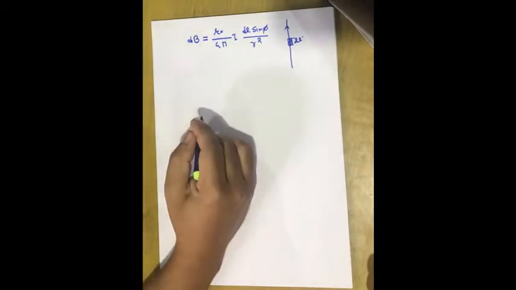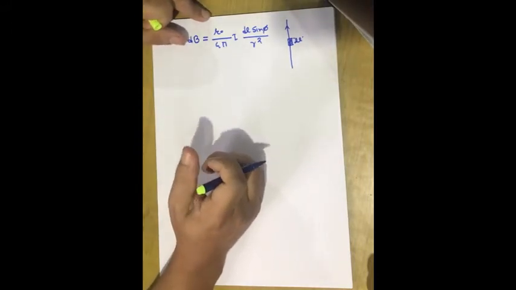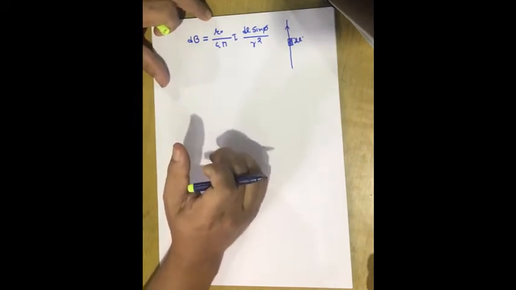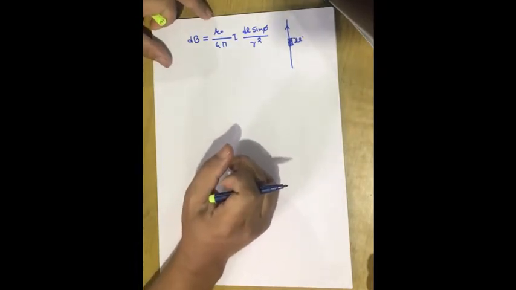This was the magnitude of the magnetic field, and its direction was given by the right hand thumb rule. You put your thumb in the direction of the current and curl your fingers, and that finger direction will give you the direction of the magnetic field.